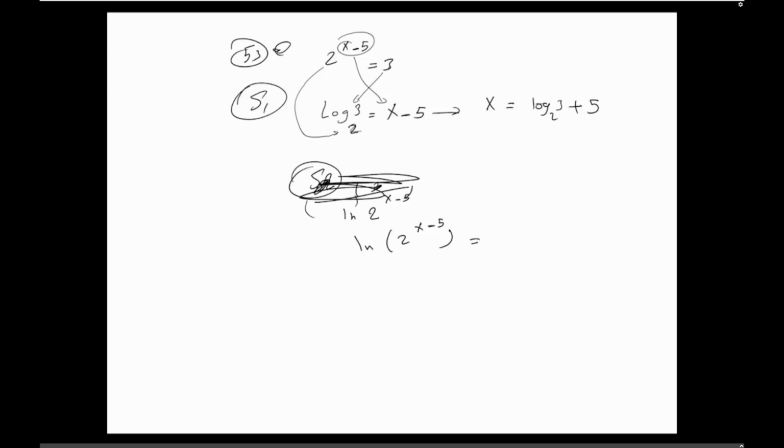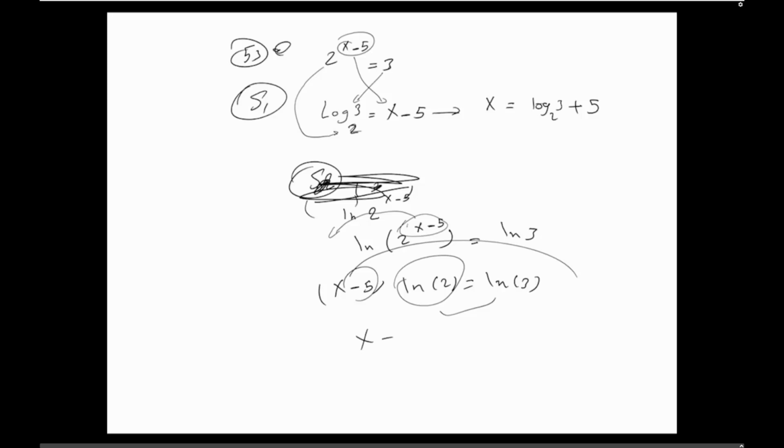equals ln 3, and as you guys know, one of the log equations says if you have something raised to power, then you can bring the power over here. So x minus 5 times ln 2 equals ln 3, and so all we have to do is transfer this over there and this one over there.